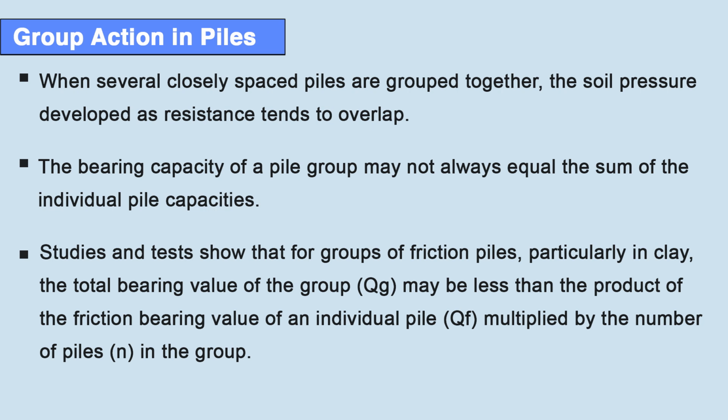Studies and tests show that for groups of friction piles, particularly in clay, the total bearing value of the group, that is Qg, may be less than the product of the friction bearing value of the individual pile, that is Qf, multiplied by the number of piles n in the group.